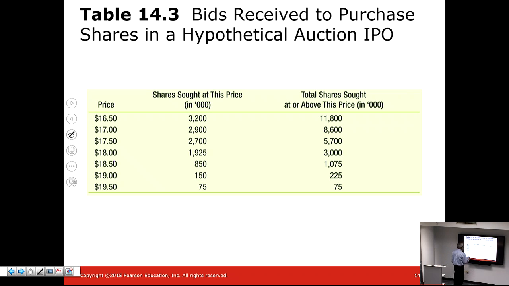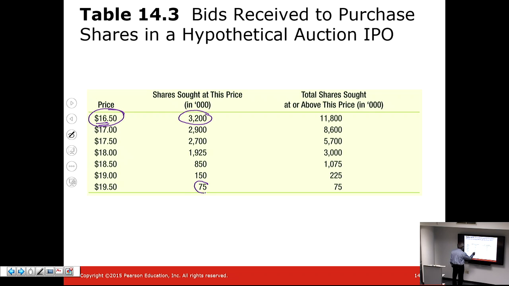In this case, what we have is different bids coming in. One business entity, could be a corporate investor, could be a pension investor, could be a banker, has said that they will buy 3.2 million shares at $16.50 per share.